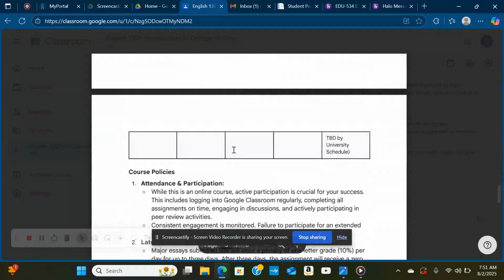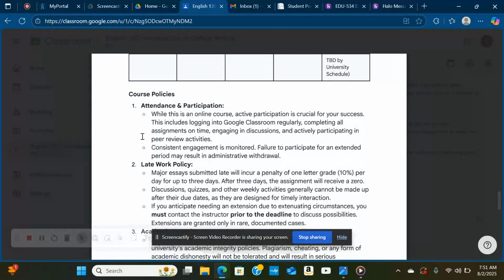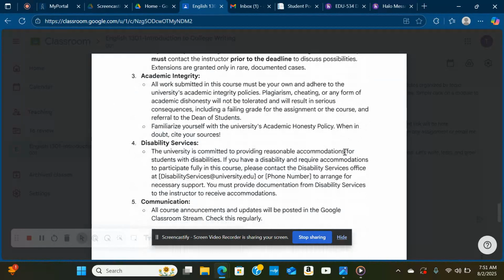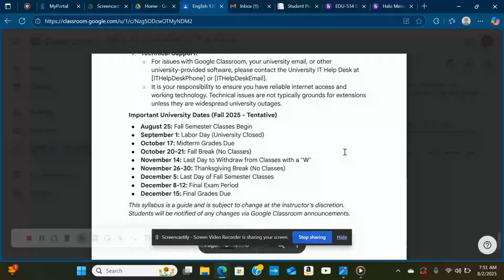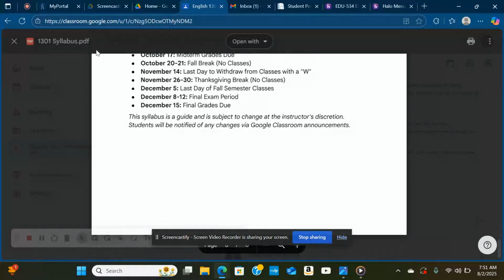For a 16-week course, here are the course policies. Important dates as well.